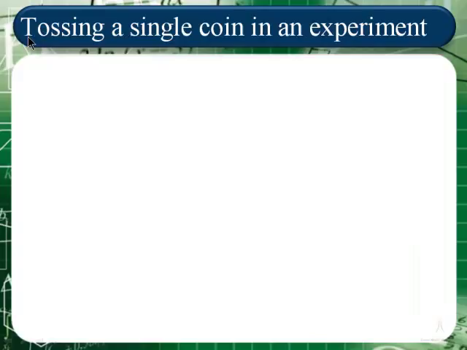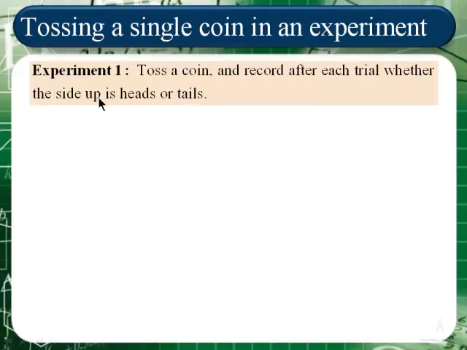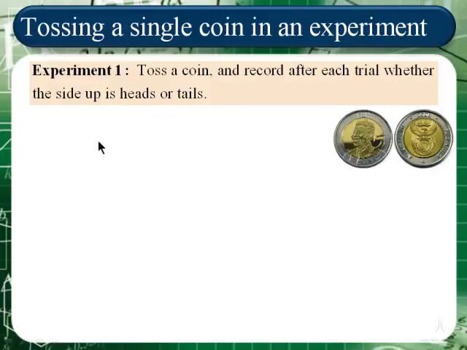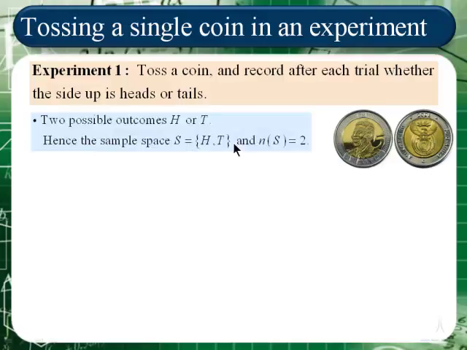We are now going to look at a few experiments. So tossing a single coin in an experiment is the first experiment that we will look at. So here we toss a coin and record after each trial whether the side up is heads or tails. So we can either get heads or tails.